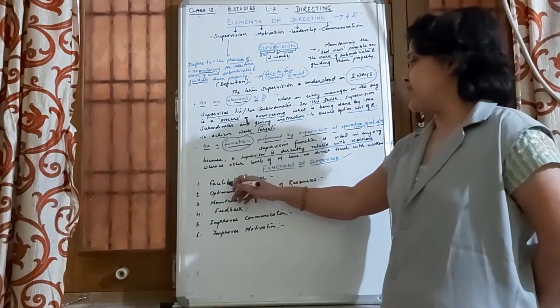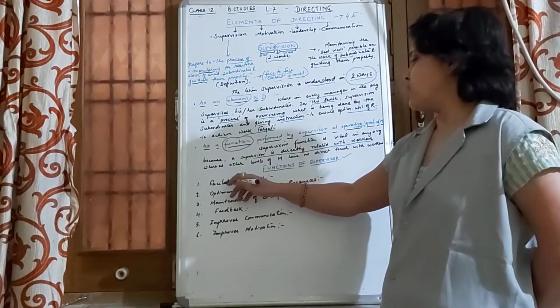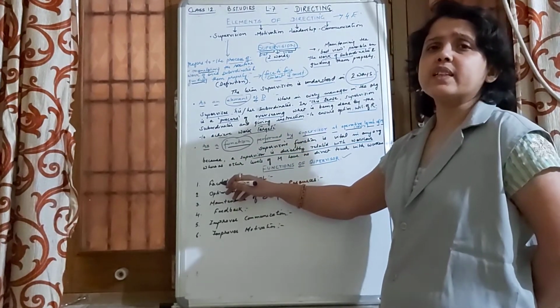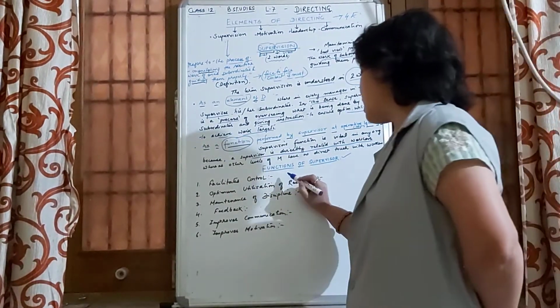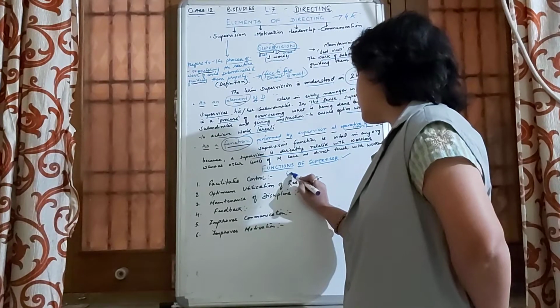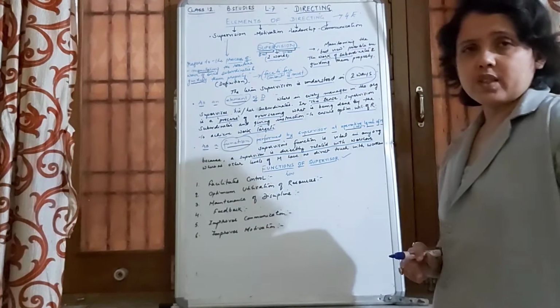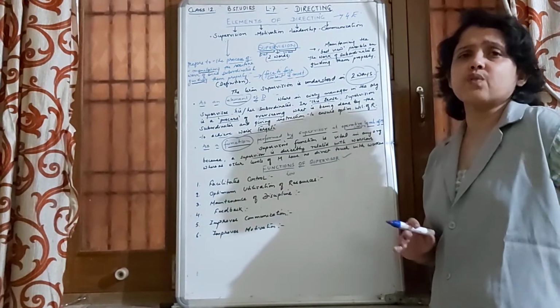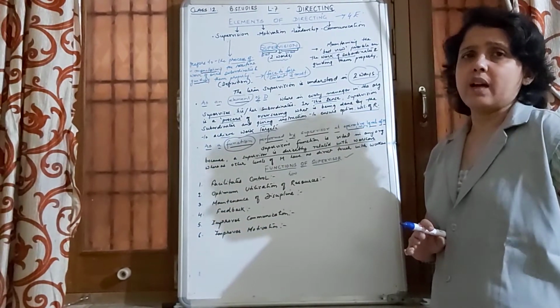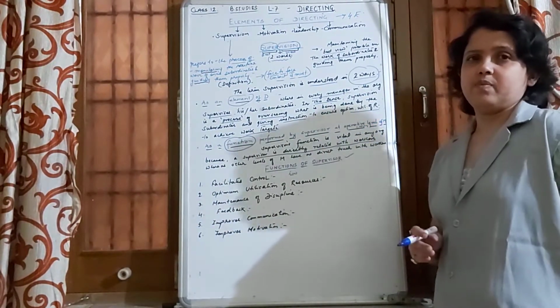The first function of a supervisor: the supervisor facilitates control. Now the question arises, how? Always in such types of explanation, how does the supervisor facilitate control and whom does he control?